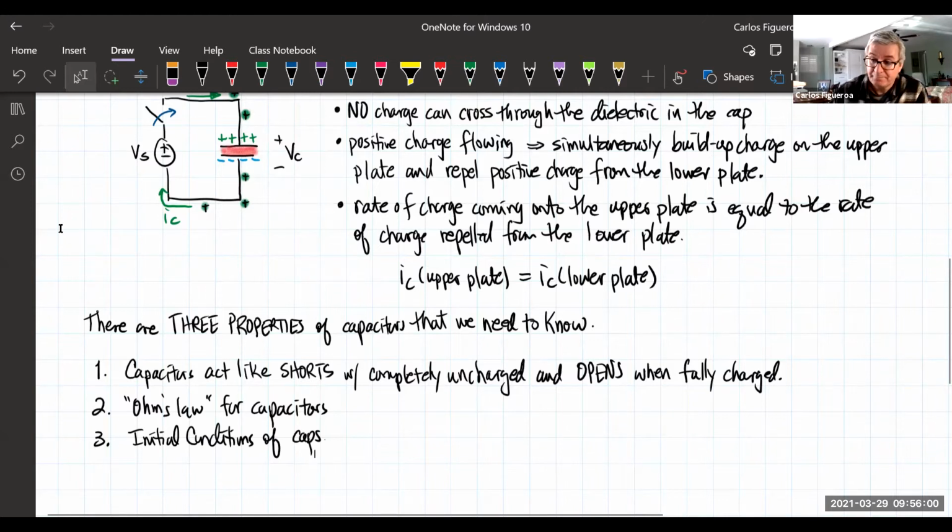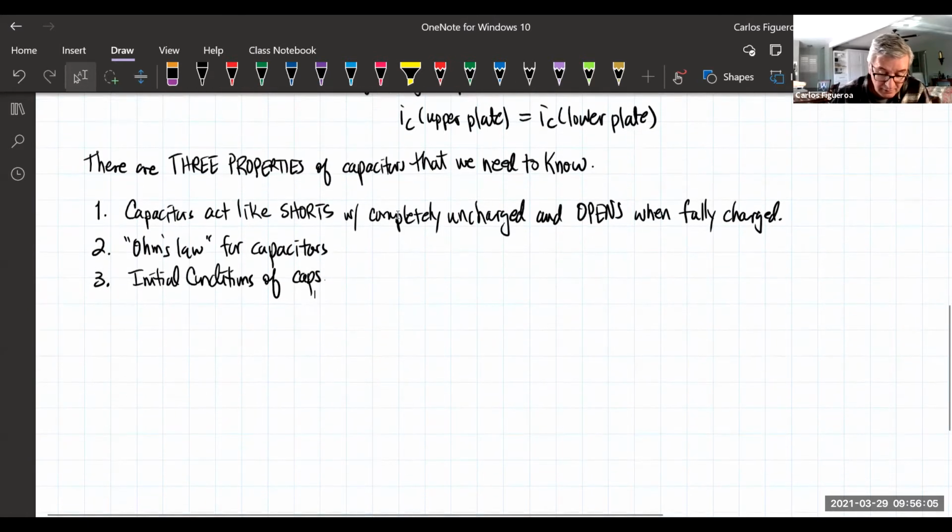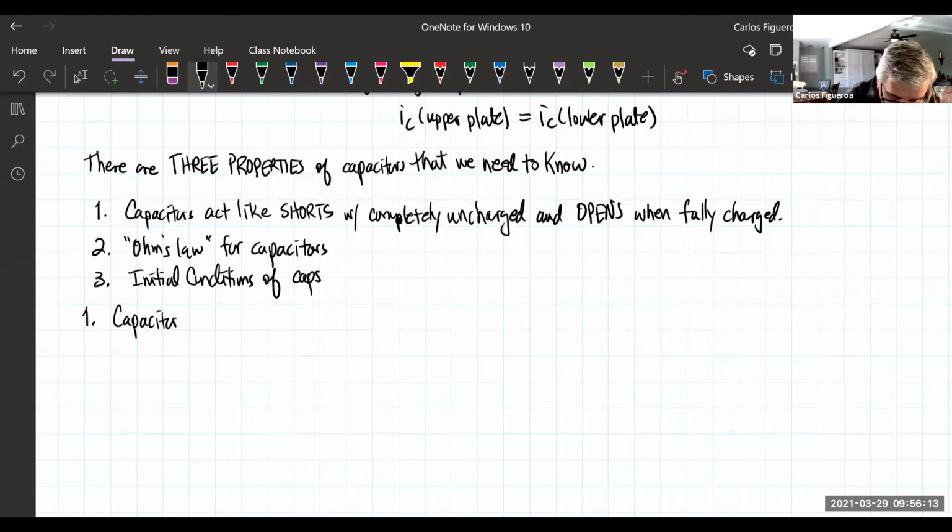The first thing that we want to do is this is what we know. I got to find my mouse here. So the first thing that we want to look at is capacitors fully uncharged or charged.